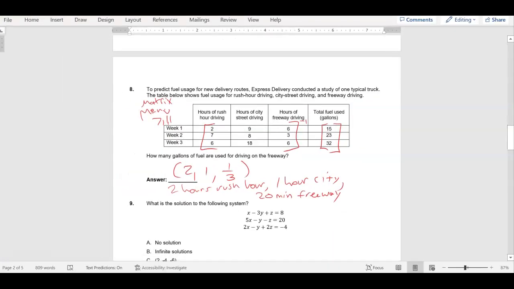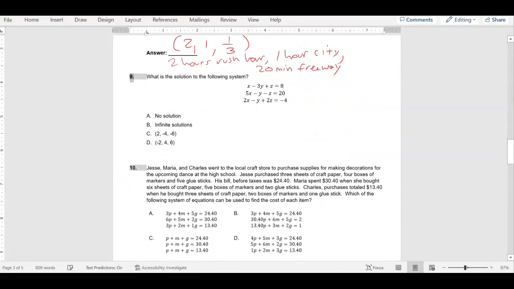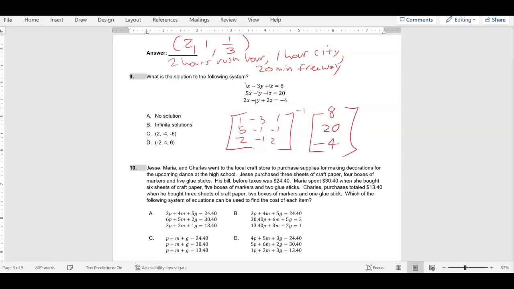Okay. What is the solution to the following system? Now on this one, once again, you can do a matrix. So again, this is 1, 1, -1, -1, -1, 1, -3, 1, 5, -1, -1, 2, -1, 2, 8, 20, and -4.